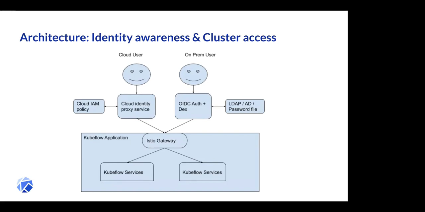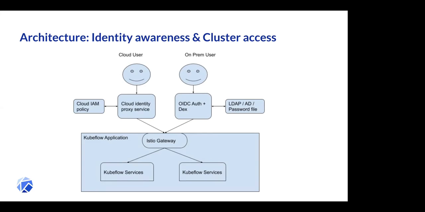So for cloud users, for example, Google Cloud, public cloud provides a cloud identity proxy service, which if you configure it to make the request through the cloud identity proxy service, every incoming request from the browser will carry the user's identity.